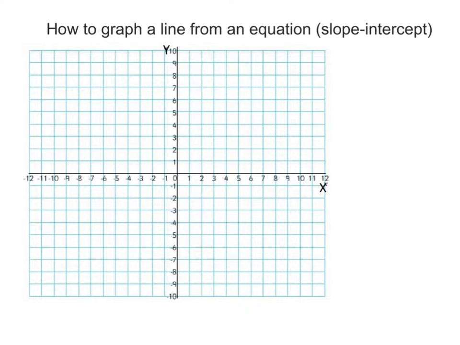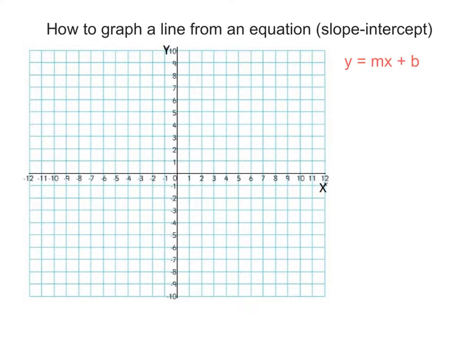This video is going to show you how to graph a line from an equation in slope-intercept form. If you remember slope-intercept, it says y equals mx plus b. M means slope, and b is the y-intercept.